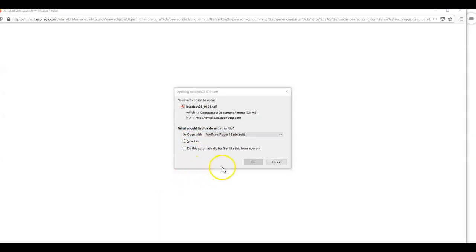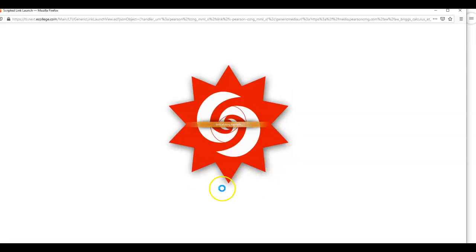I actually had to completely close out my browser and reopen it in order for the Wolfram player to show up when we tried to open that section here. So once you have that set there and hit OK, you should be able to bring it up here.